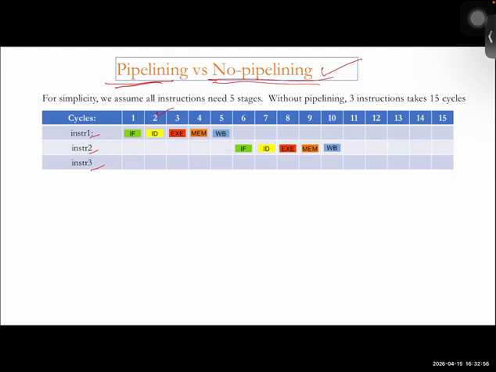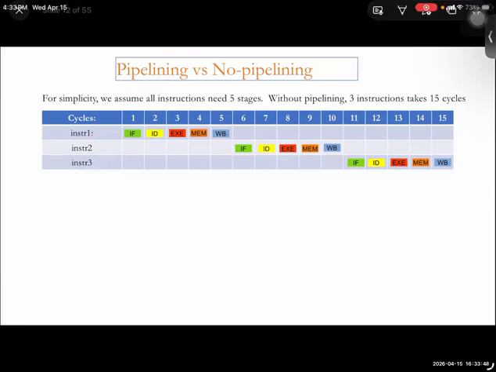Then the third instruction in the non-pipelining processor starts executing at the 11th cycle. Then it goes through this 5-stage process to complete the execution. So to execute these 3 instructions, how many cycles in total did it take?